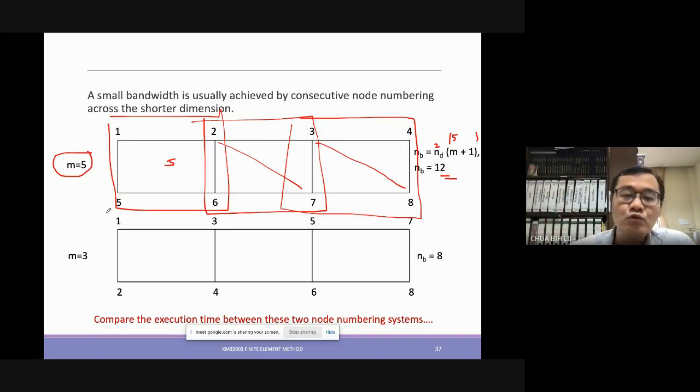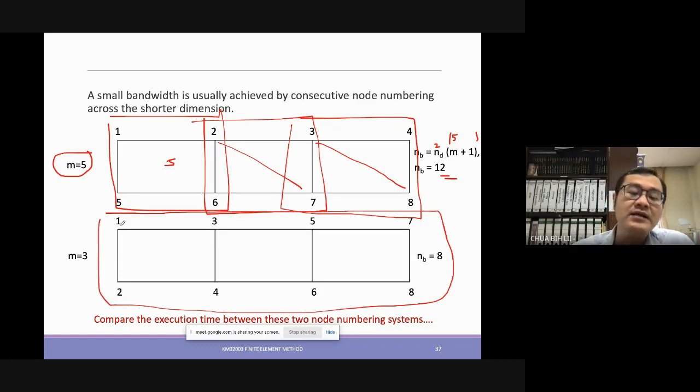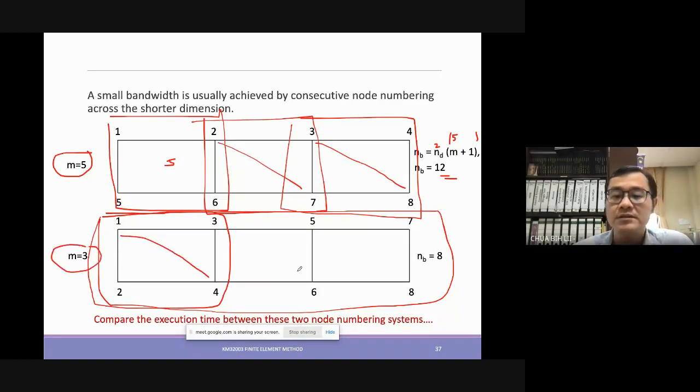If we do the numbering in the other way around, okay, let's say now we are numbering it in this way: 1, 2, 3, 4, 5, 6, 7, 8. Therefore, if we look at this particular first element, the maximum difference that you would observe is 4 minus 1, which is 3. 6 minus 3, which is 3, right?